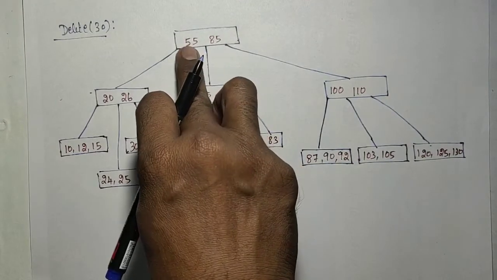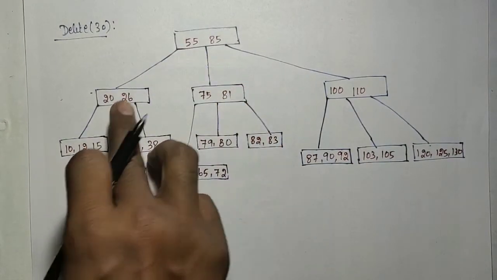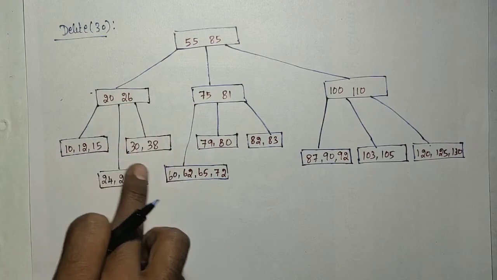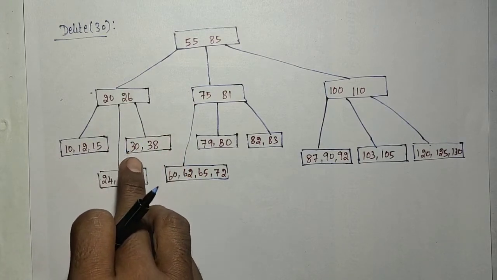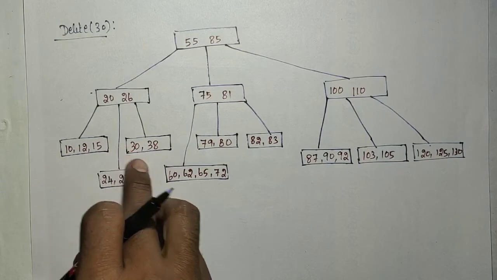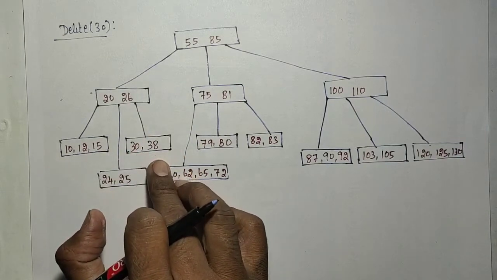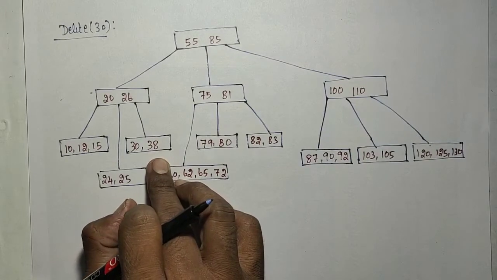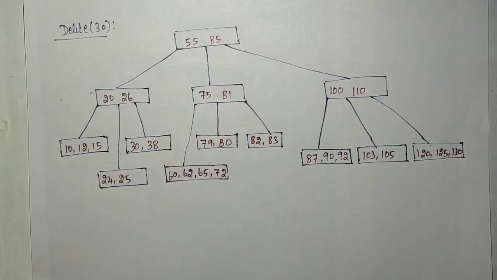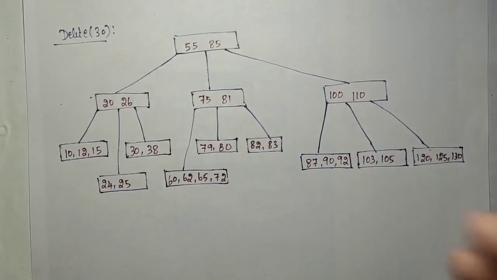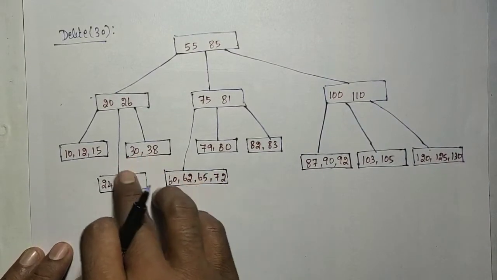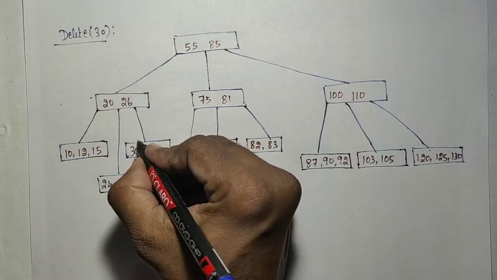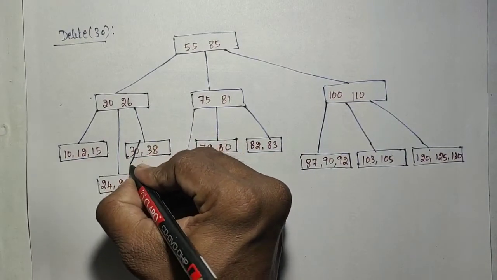Less than the 55, go left, greater than the 26, go there, and here the element is present in this node. This node is a leaf node. So now we got that leaf node. Okay, so now we can simply delete that. If it is in the leaf node, delete it.